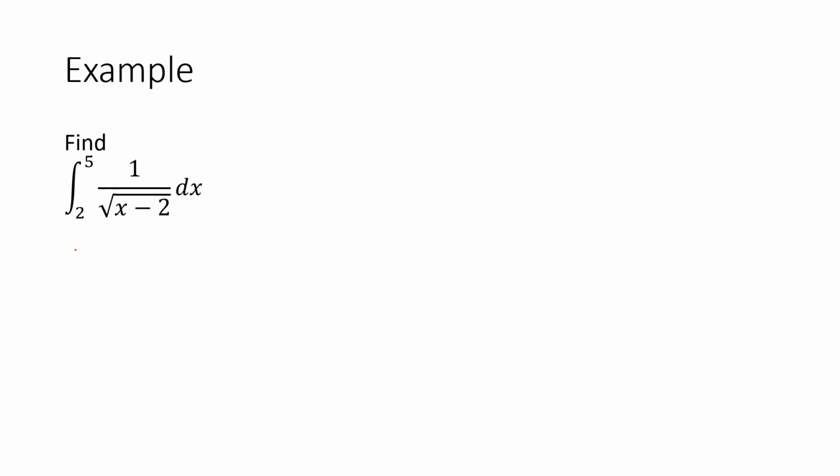So let's try an example. Suppose I want to evaluate the integral from 2 to 5 of 1 over the square root of x minus 2. Notice that this has a discontinuity at x equals 2. So how can we evaluate it?